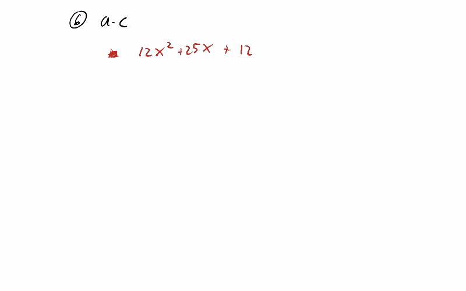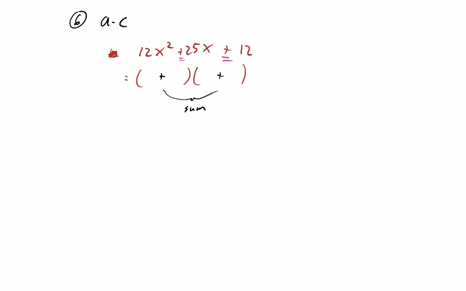Now we do know, in looking at this particular case, that when we factor it into the 2 binomials, because of the positive 12, we would either have to have plus plus or minus minus. And because it's plus 25, we're clearly adding things. So we know that this is a plus plus case. So in order to use the AC method, we would right away know that we are looking at the sum of possible factors.